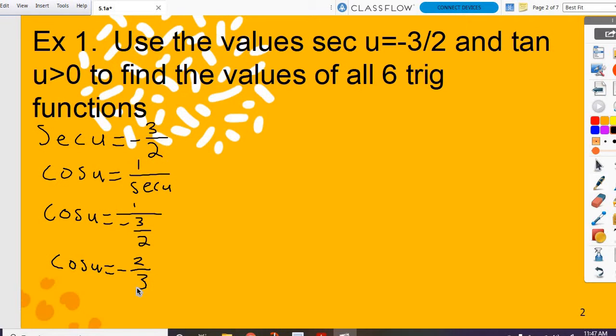So, if I have cosine, are there any of my identities that have cosine and just one other function in them, to where if I plug in cosine, I could solve for the other function?